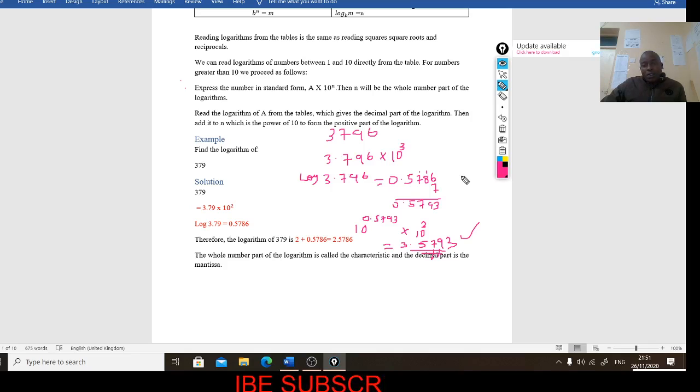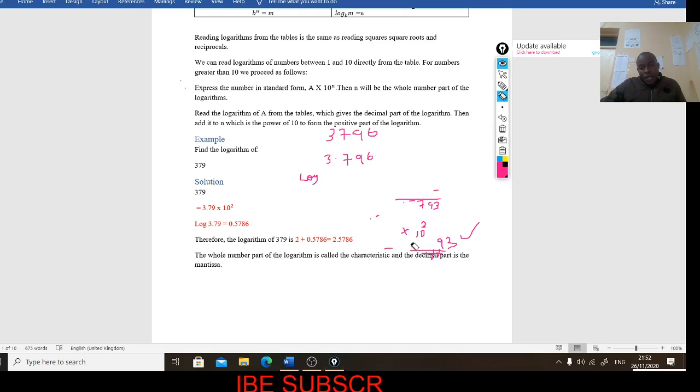The examiner might then not give you the marks as required. So if it had 4 marks, you might get 3 instead of 4.